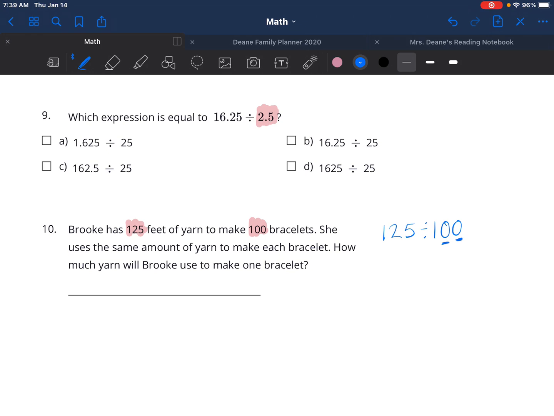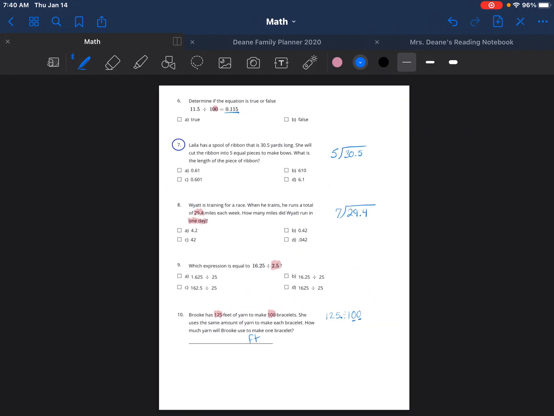So that means I move my decimal 2 places to the left. Remember, it's here on a whole number. And so you're going to move it 2 places to the left, and then you write your new answer on the line. Don't forget your labels. So this one was dealing with feet, so you'd want to make sure that you had it with your answer.